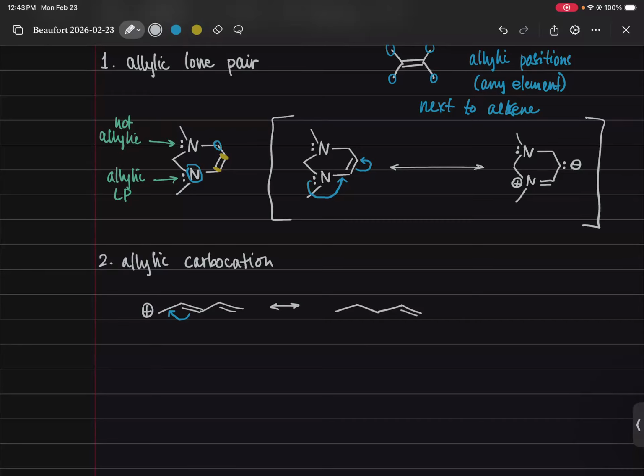So that pi bond is going to stay the same. And then rather than going between carbons 2 and 3, that pi bond is going to go between carbons 1 and 2.